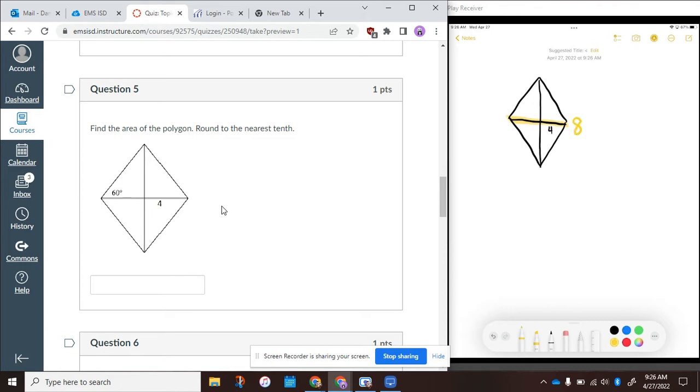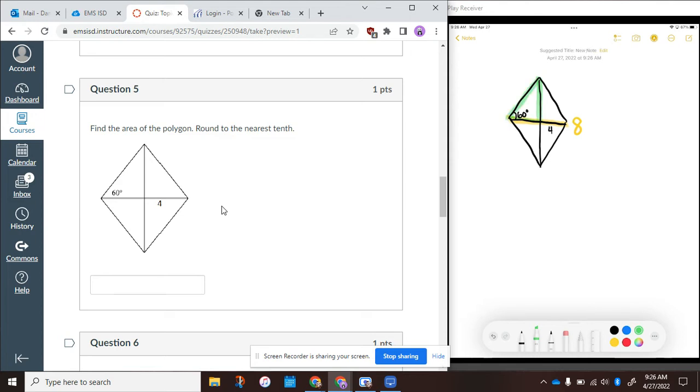Now it also tells us in the original diagram that this angle right down here is 60 degrees. What that means is that this right here, what I'm highlighting in green right now, is a 30, 60, 90 triangle.